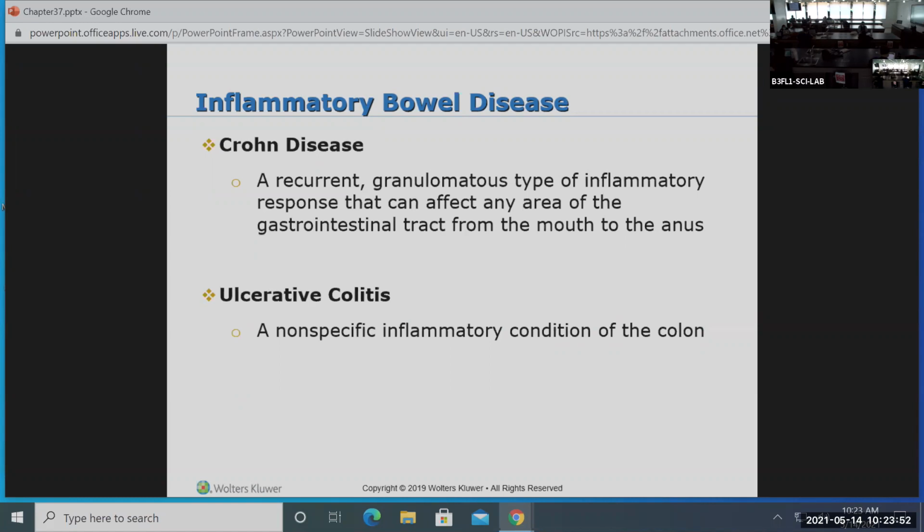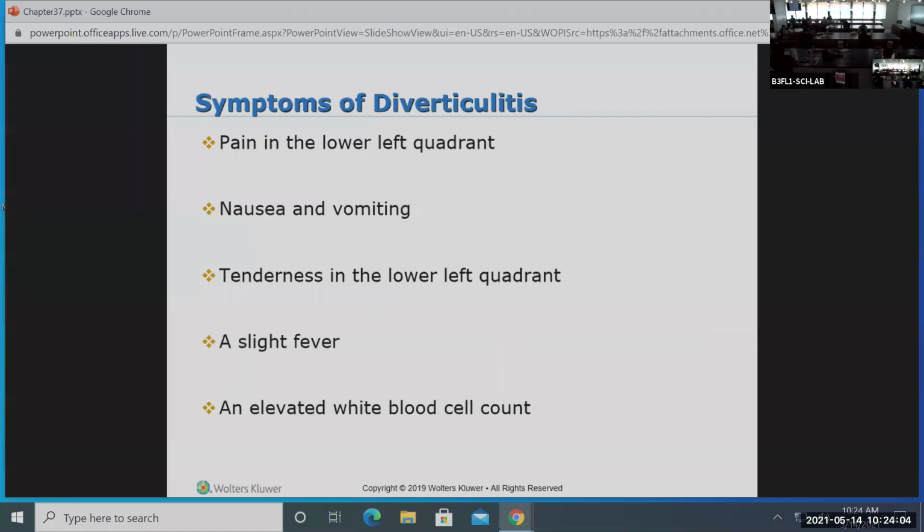Now, ulcerative colitis. What is ulcerative colitis? It is a non-specific inflammatory condition of the colon. Ulcerative colitis usually involves the left side of the colon. Crohn's disease usually involves the right side of the colon with the small intestine.